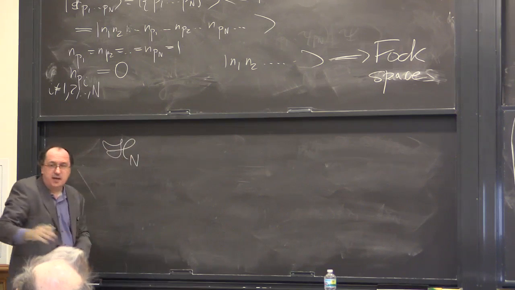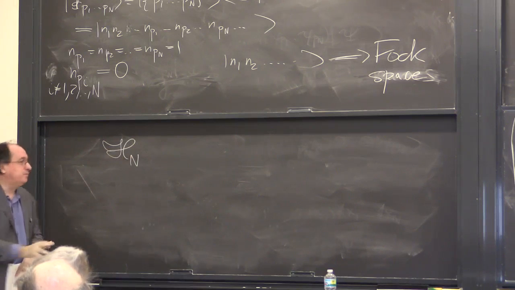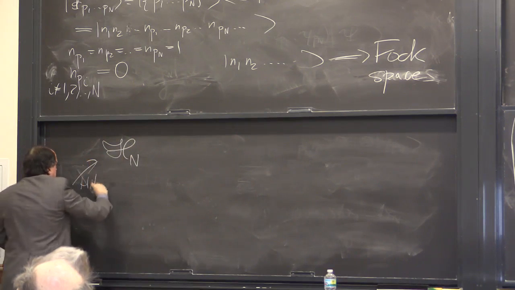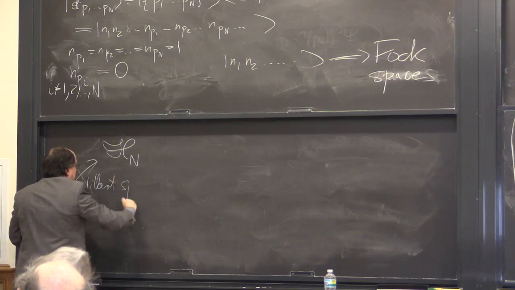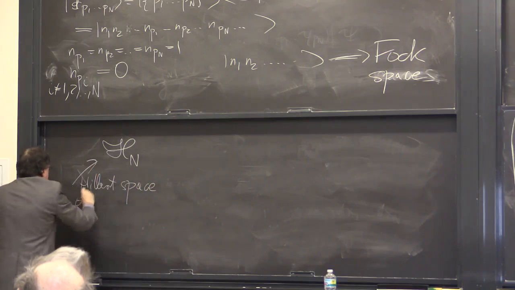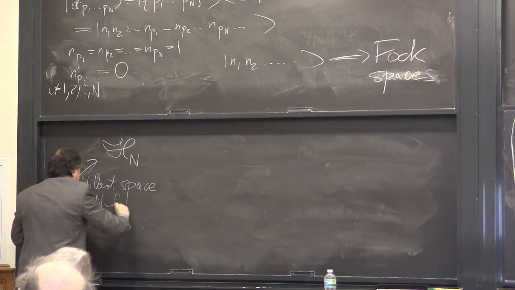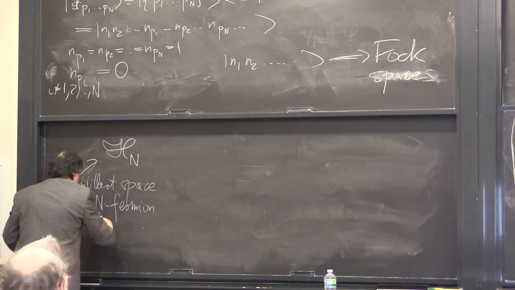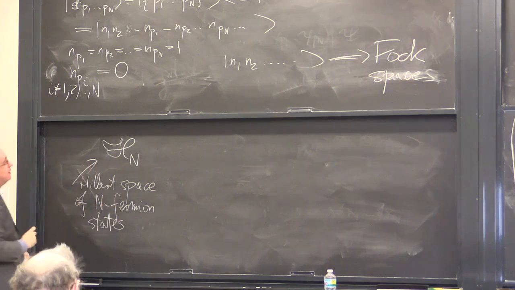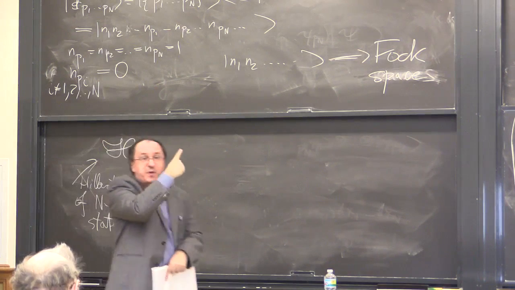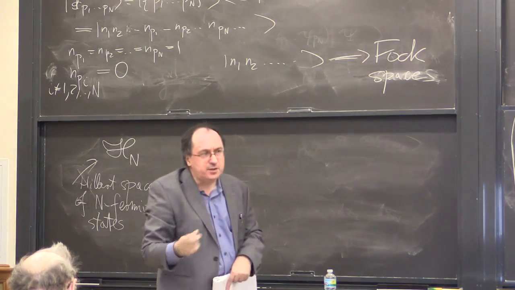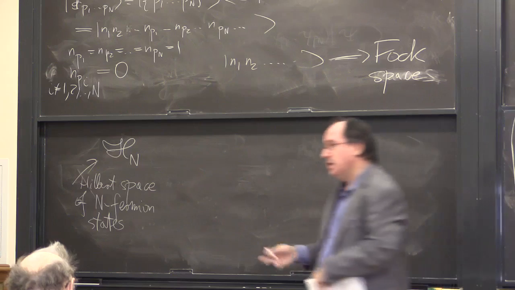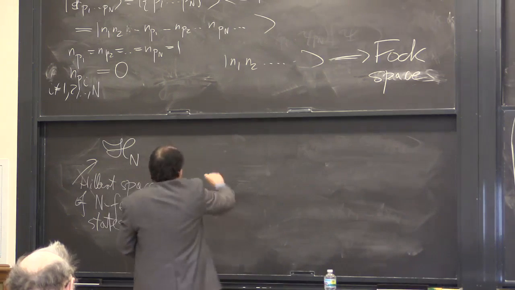That Hn will mean a Hilbert space of n fermion states, where n is fixed. Well, it is a subspace in the Fock space. In quantum chemistry, you often say it's a sector in the Fock space.